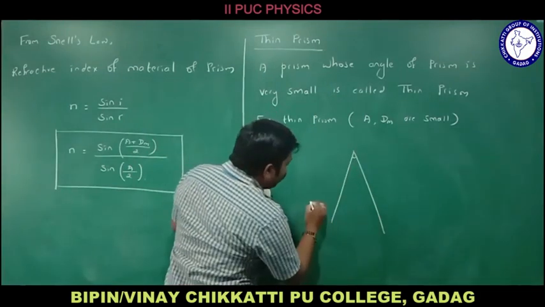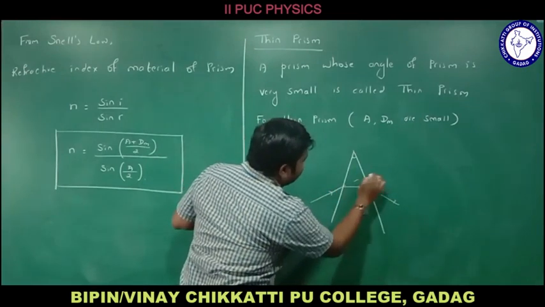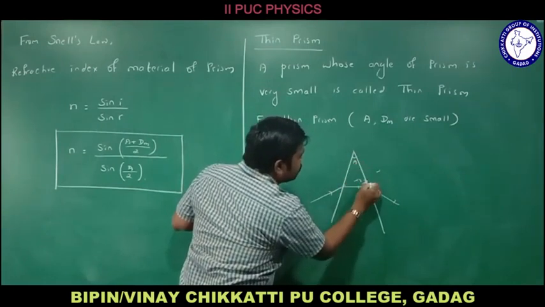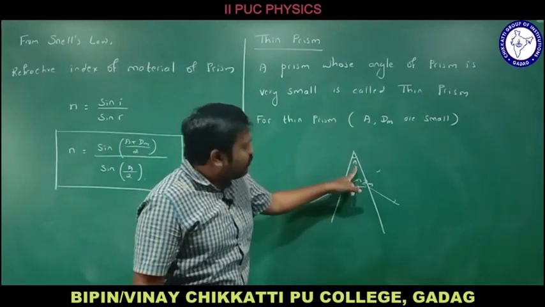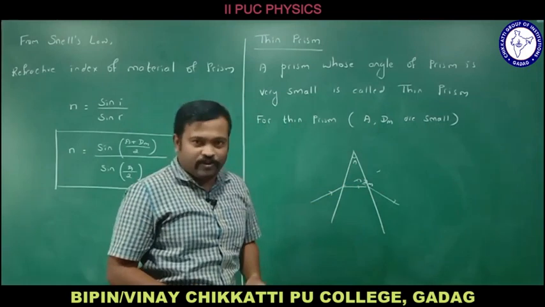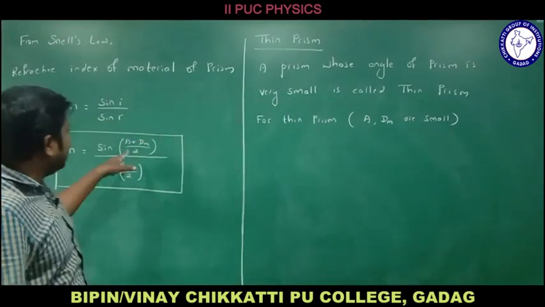If angle is small, what happens? Let us check it out. It moves like this and it comes outside, right? So this angle, if this is small, this dm is also small, right? So if angle of prism is small, angle of minimum deviation is also small. Okay, let us take like this. For thin prism, A and dm are small.